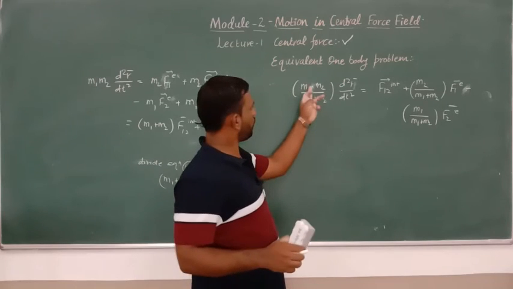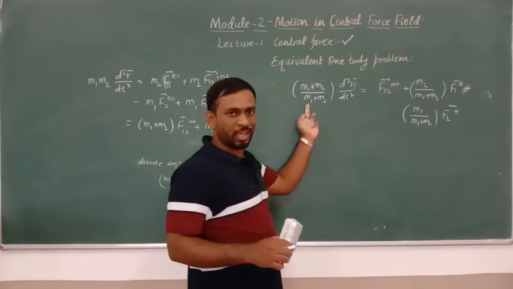So this quantity m1 m2 upon m1 plus m2 is the reduced mass.